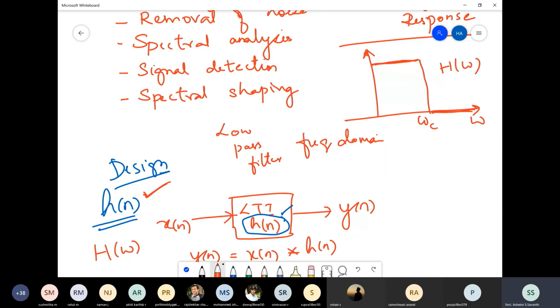Everything has a representation and they are all related. So when we say filter coefficients, we are interested in designing h of n or H of omega. H of omega is called the frequency response of the system.